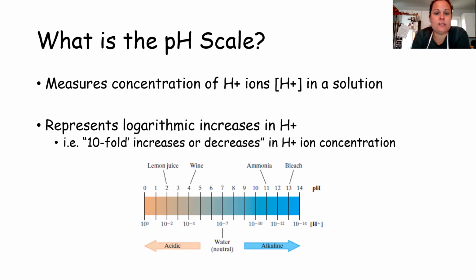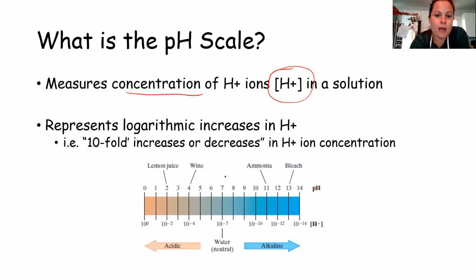So the pH scale, as we know it, represents what's called a logarithmic increase or decrease in H+. And these brackets around the H+ stand for concentration. So it's kind of a shortcut to say concentration of H+ in a solution. So what do I mean by a logarithmic increase or decrease in H+?